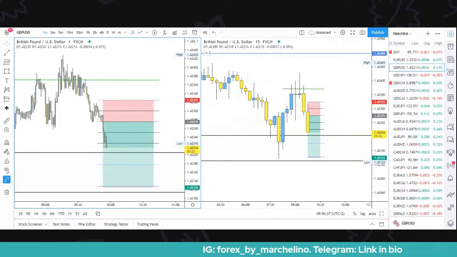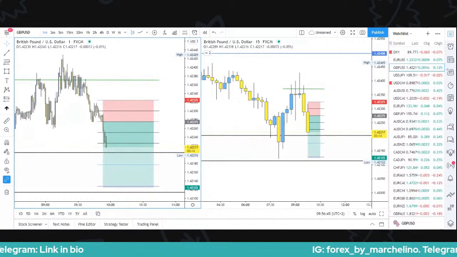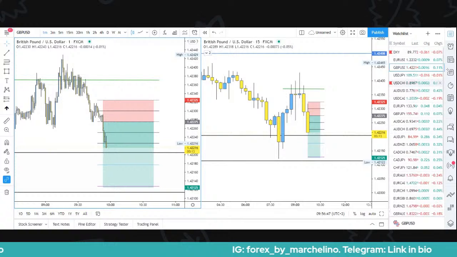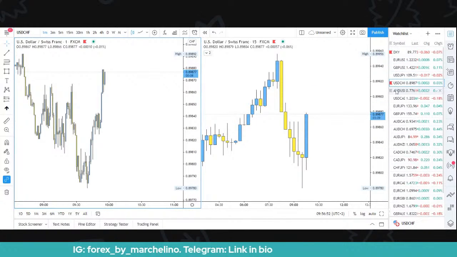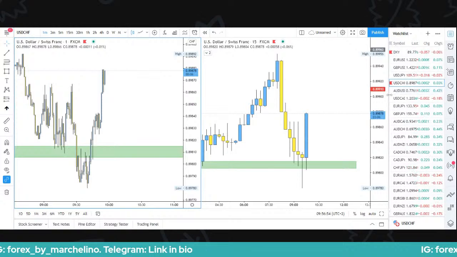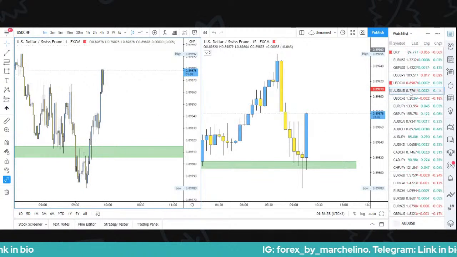That's a 1% trade in like 3 minutes or something. And we continue into 4. Look at CHF move, man. It's moving. It's not stopping for nobody.